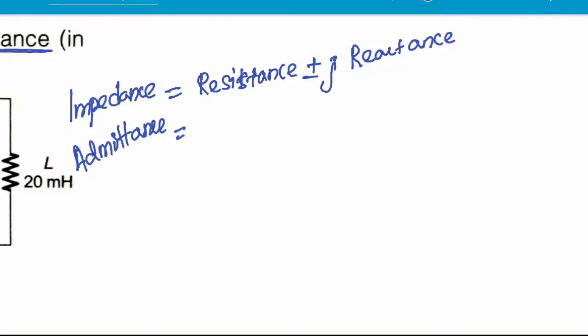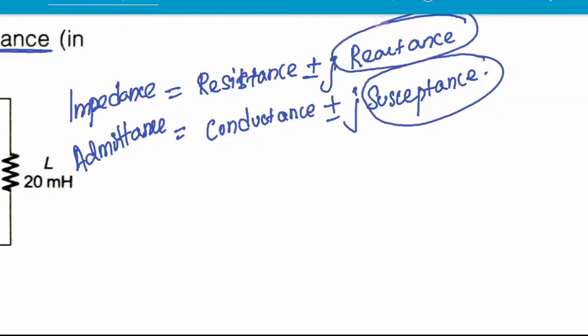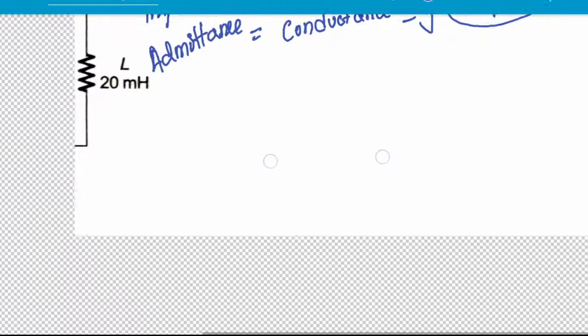And this is given by the conductance plus or minus j susceptance. We have to find out this one, susceptance, that is 1 by reactance, and susceptance is 1 by reactance.